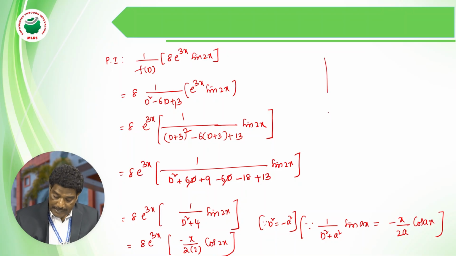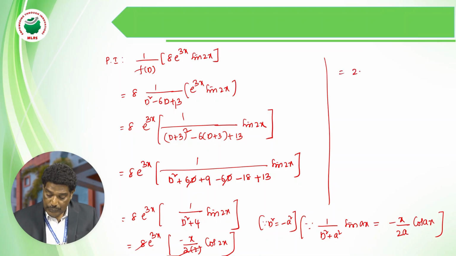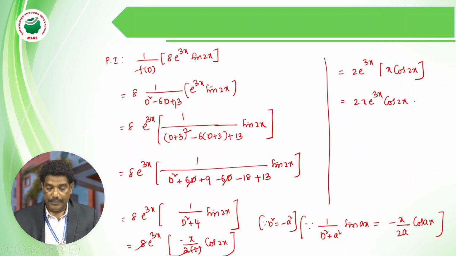On simplifying, 2 into 2 is 4, and 4 divided by 4 cancels, so that equals 2 e power of 3x into x into cos 2x. Finally, this equals 2x e power of 3x into cos 2x. This is our required PI.